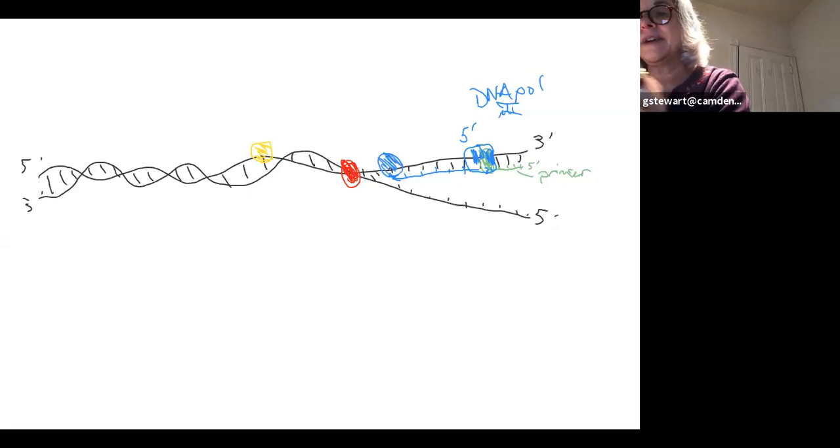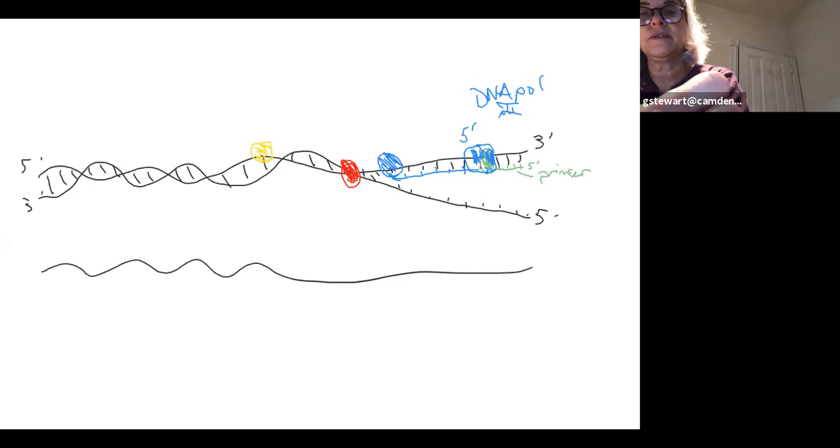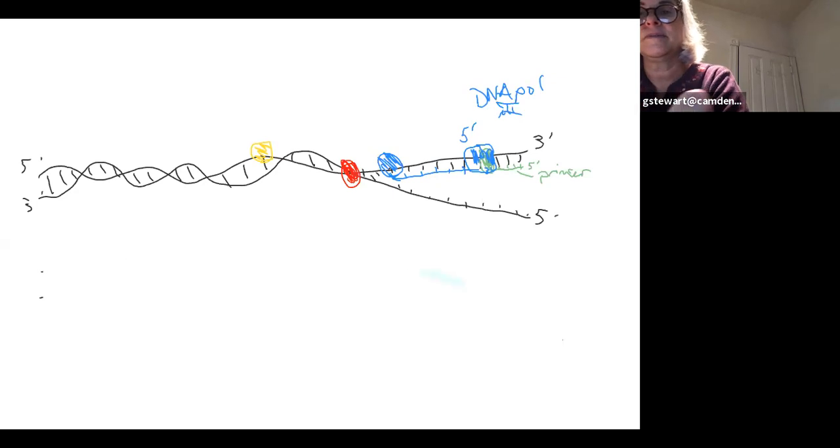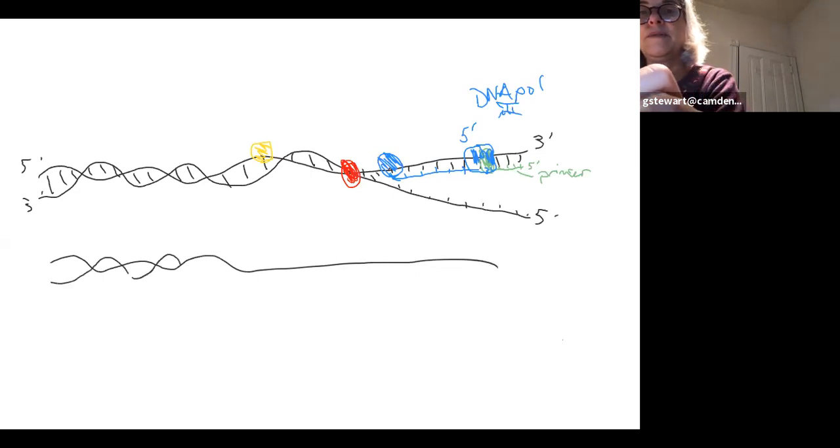On the lagging strand, I'll give you a different strand to look at because this one's getting kind of congested. Here I have more unwound and unzipped for you to look at.